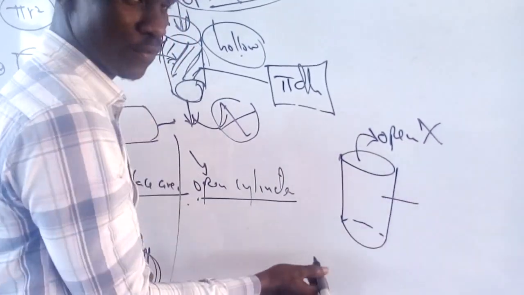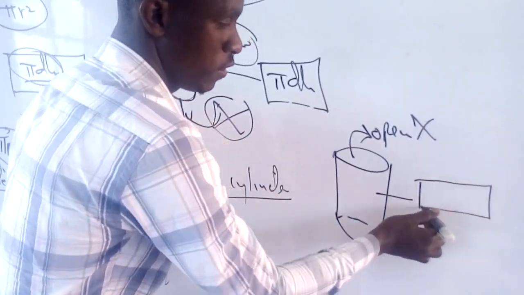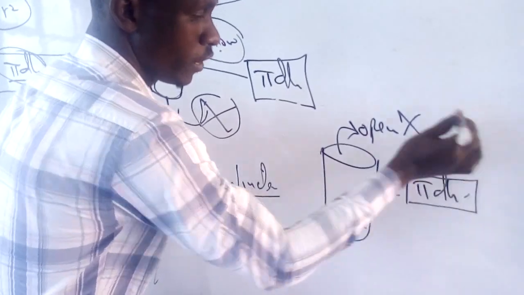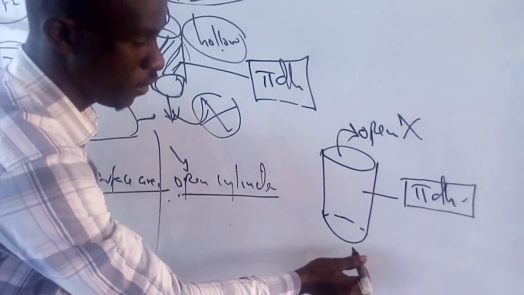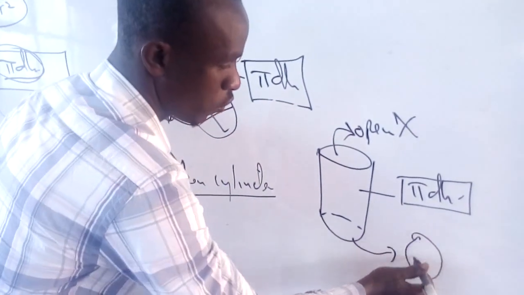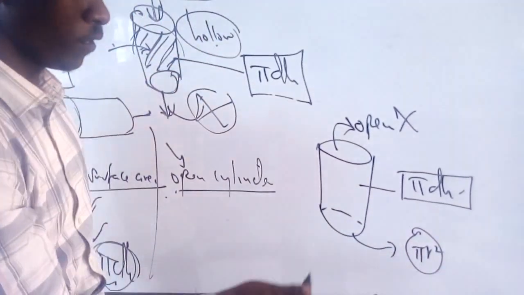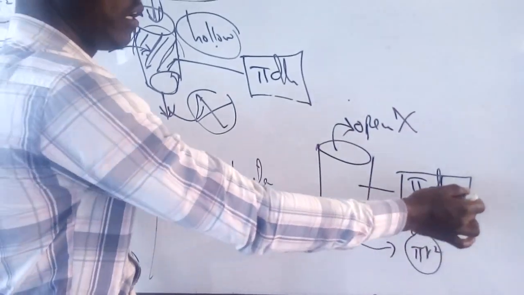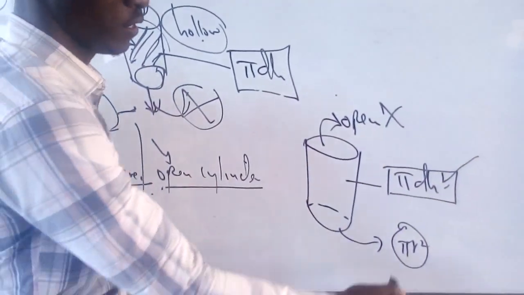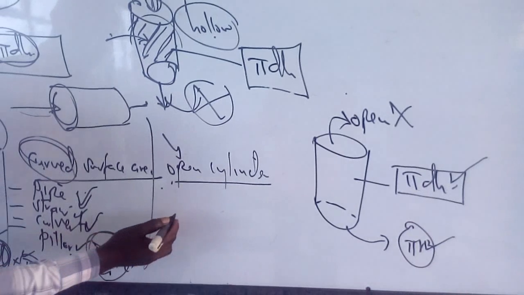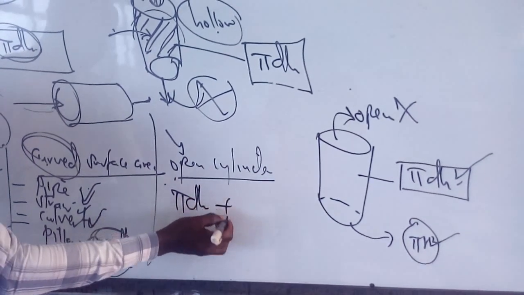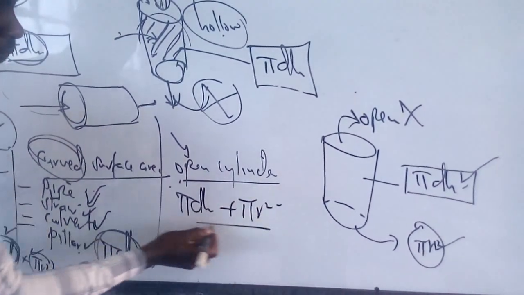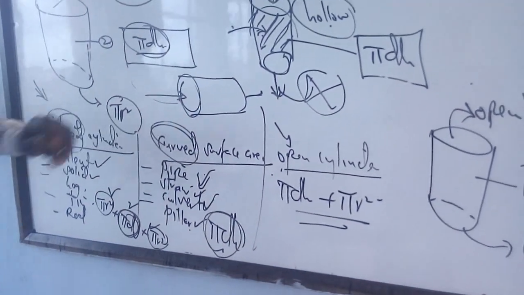But there is a curved surface, pi dh as we have referred to it, and then on the bottom we have a circle, which is pi r squared. So we say the area of an open cylinder is only pi dh plus pi r squared. So this is the summary of the three of them.